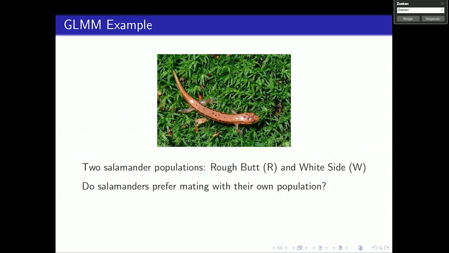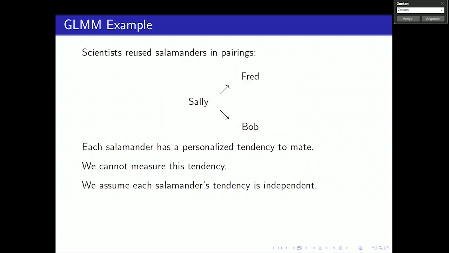They're the same species, but they've been separated long enough that maybe they don't really like each other. So we're wondering, do salamanders prefer mating with their own population, or are they just as happy to mate with the other group of salamanders? That's the research question we're looking at in this example.